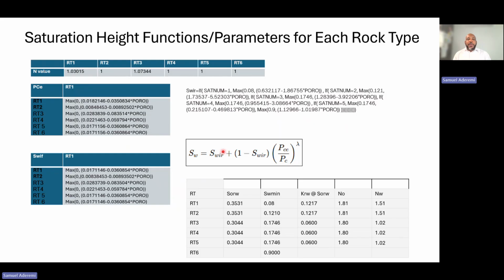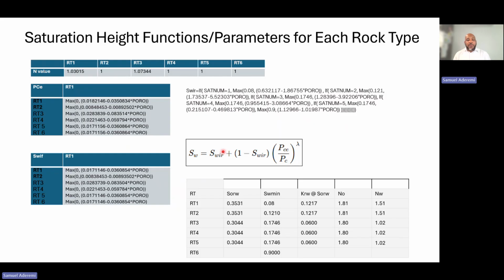Now, what that means is, depending on the source of the capillary pressure data that we're using, if you are using capillary pressure data from mercury injection measurement, this is really prone to error when it comes to the irreducible water saturation, because the measurements can actually go to 0 irreducible water saturation, which is not physical in the reality of the reservoir.